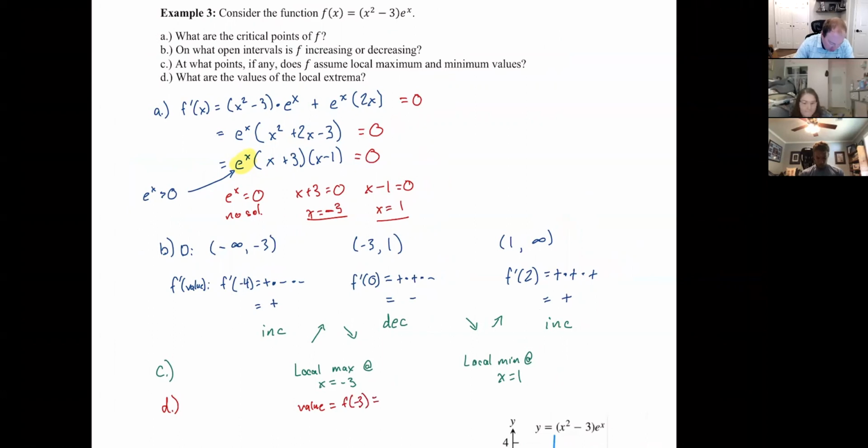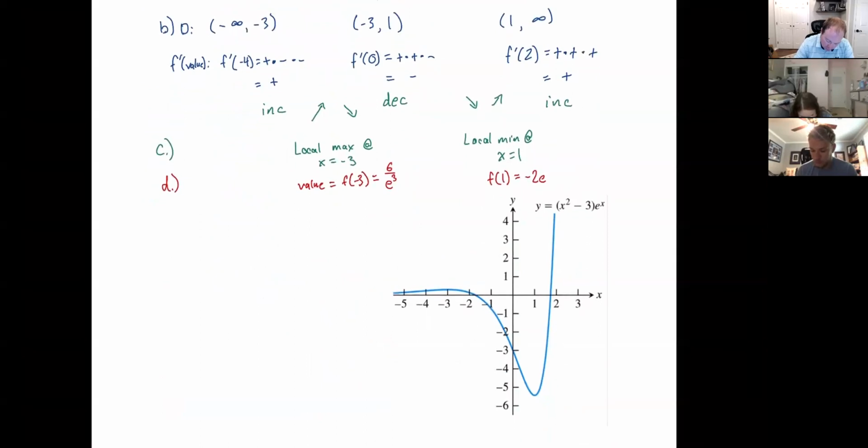After it's all said and done, it is going to be 6 over e cubed. And then the second one, when you plug in 1, f of 1 is equal to -2e. So you can see right here, we have the local extrema, max and min.